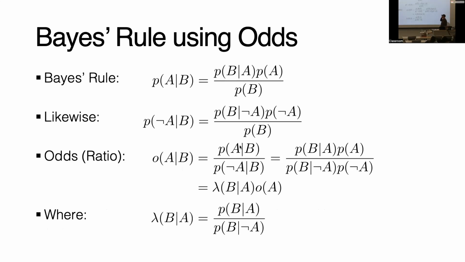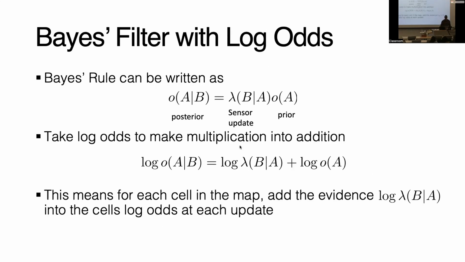And so if you reformulate Bayes' rule with odds, you just need to take the ratio of A given B and not A given B, which gives you the odds ratio. We define this as lambda of B given A, and we can take the logarithm of that at any time.